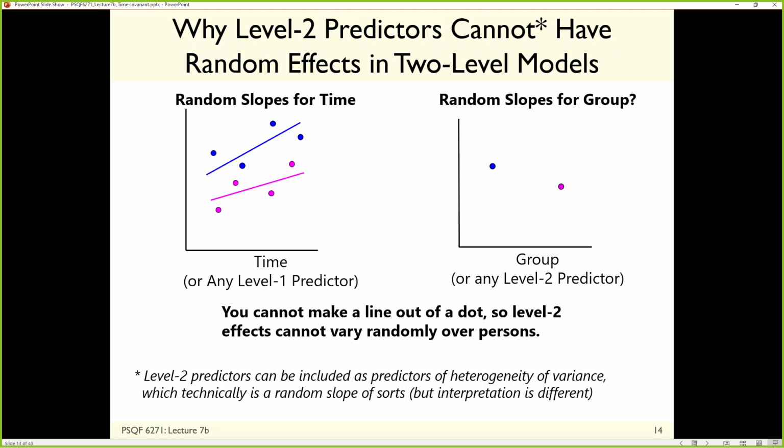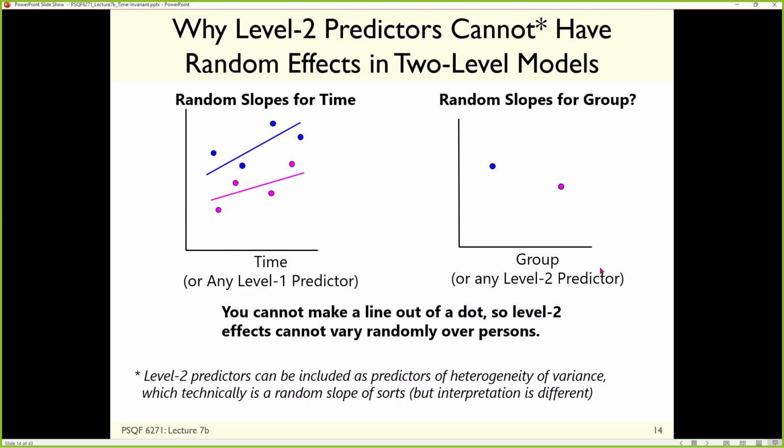Here's the difference. If I have an x-axis of time, I can have a pink person have 4 occasions and a blue person have 4 occasions, and I can draw them their own lines through their 4 occasions, and that's totes fine. And then I can estimate a variance as to how different these slopes are across people, and I can predict why that is. What makes the pink person different from the blue person? I don't know, let's find out.